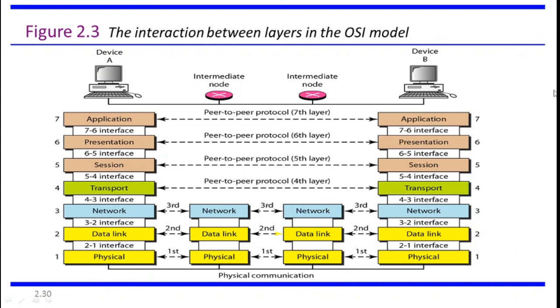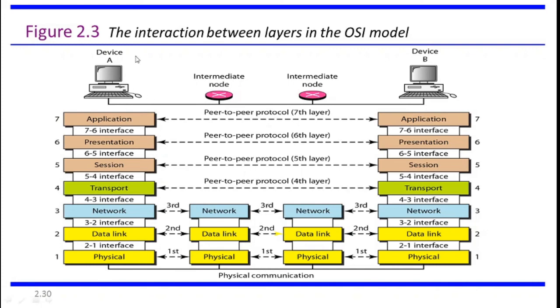So we have device A and device B. Device A and B are connected through same network or different networks. So we have the intermediate nodes which are considered to be routers or any other internetworking devices.